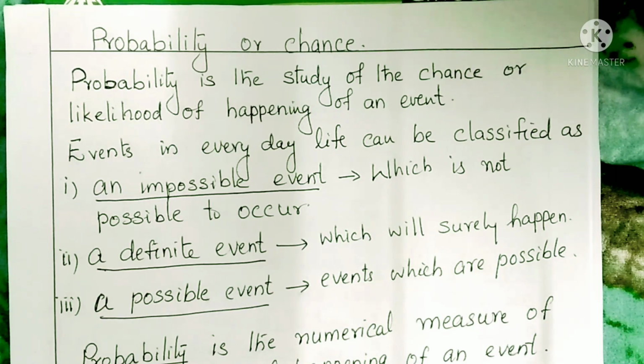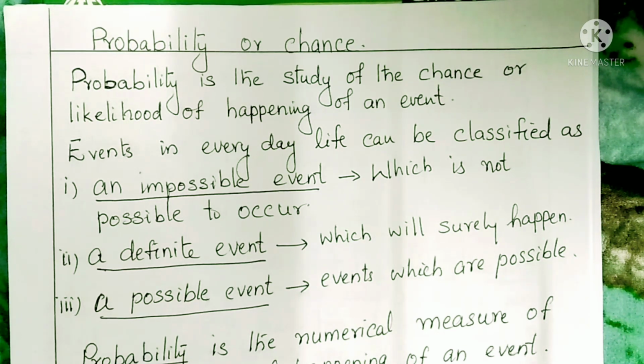Now sometimes we say that there are some definite events. Definite event means surely it will happen. When you throw the dice up, we are sure that it will be 1, 2, 3, 4, 5 or 6. Any of these numbers we will get. Now what is the possibility of getting each?